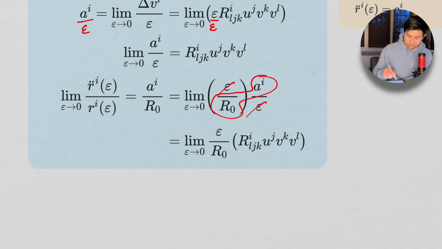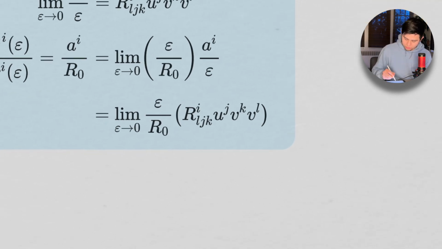And let's keep on going with this, because what we can do now is we can say, well, we know this guy because we defined it up here. That's just a Riemann curvature tensor with all these input vectors, right? So the Riemann curvature with all these input vectors, that is this guy right here, and then we have this out here in front.